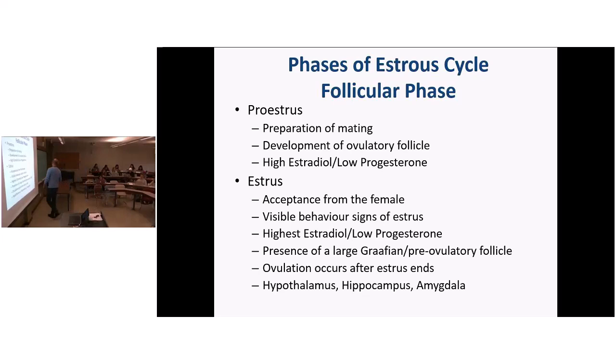As you move to this next phase, which is going to go all the way here, okay? This phase is going to have ups and downs of the estradiol, but there is one hormone that is always up for a longer period of time. Which one is it? Progesterone.